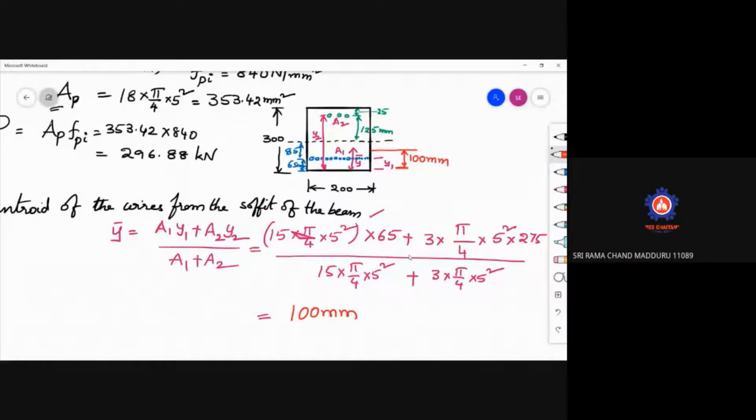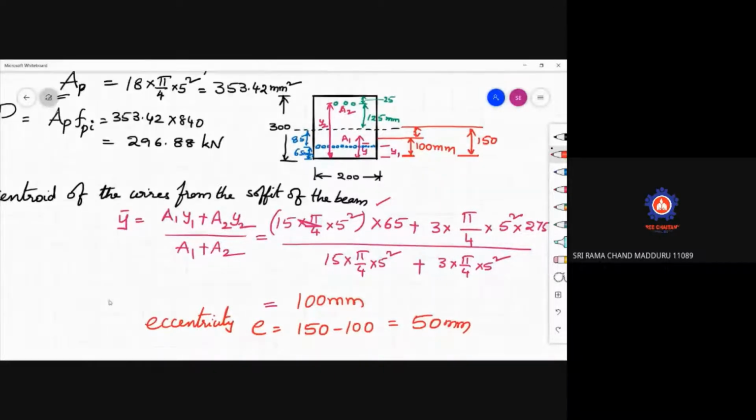So if this is 100, you know that this entire distance is 150. So eccentricity E is equal to 150 minus 100, 50 mm. So this is below the neutral axis.